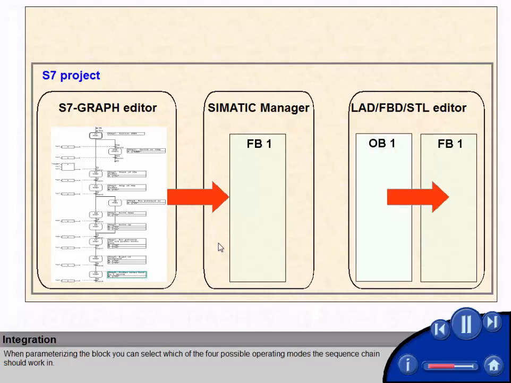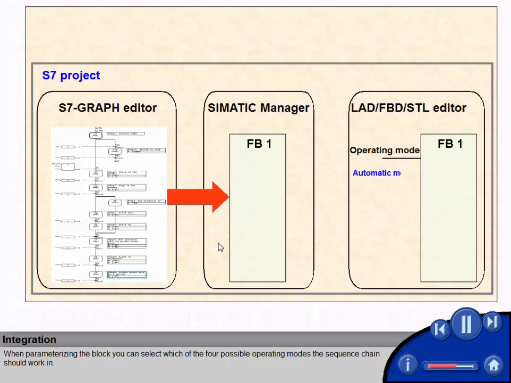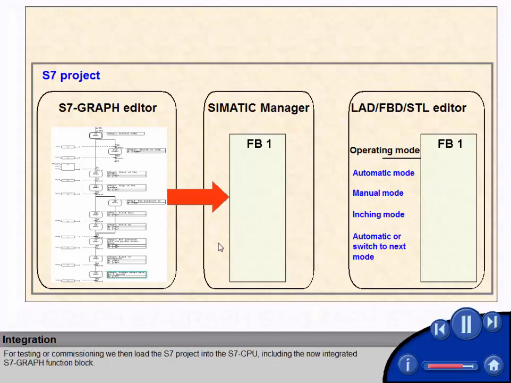When parameterizing the block, you can select which of the 4 possible operating modes the sequence chain should work in. For testing or commissioning, we then load the S7 project into the S7 CPU, including the now integrated S7 graph function block.